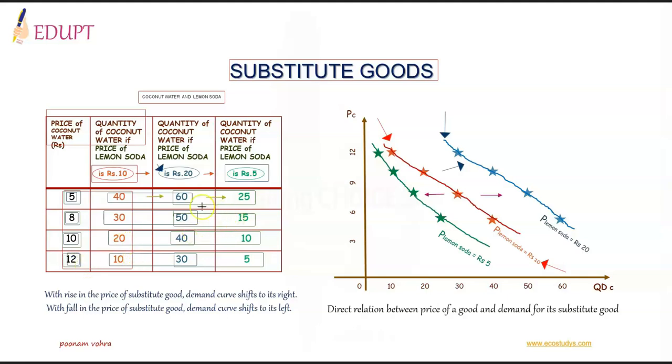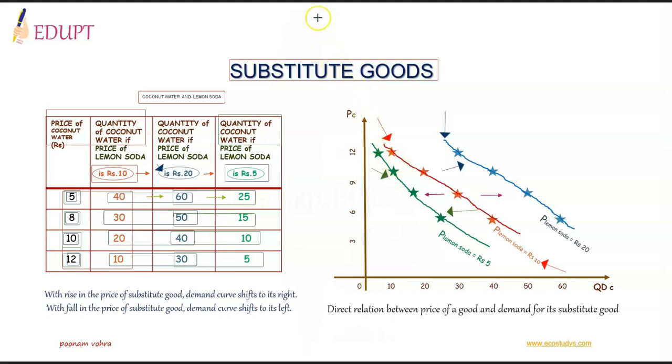So this shows a decrease in demand for the coconut water, and hence demand curve will shift towards its left, shown by this demand curve.